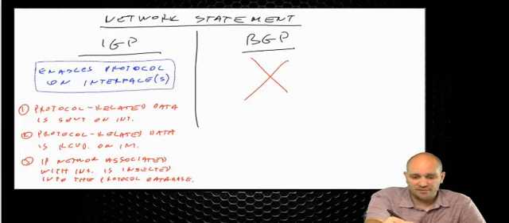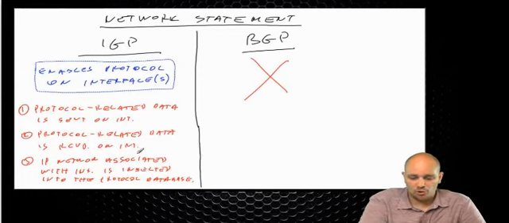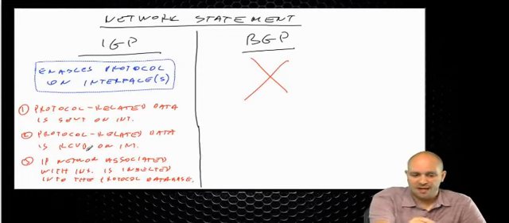So these are the three things that always happen when you use the network statement on the interface.